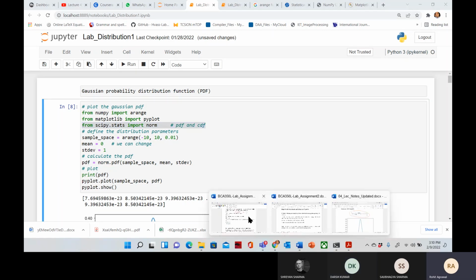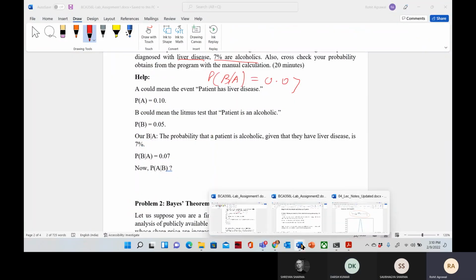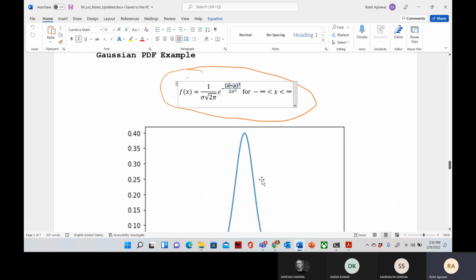So this is the formula for the Gaussian probability density function. We just need to write a small function, pass the parameters x, mu, and sigma, and return this value.